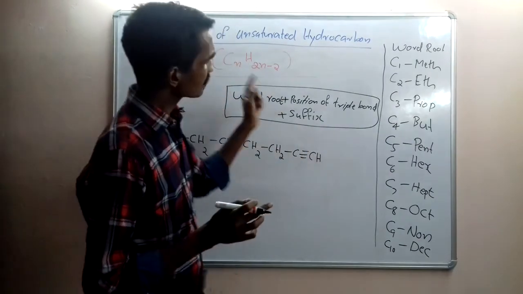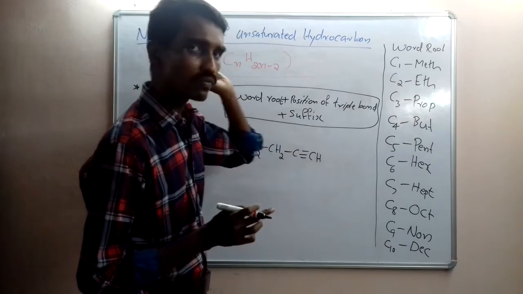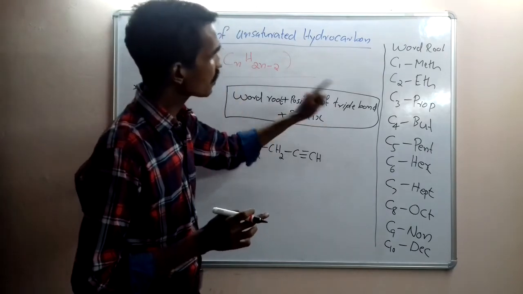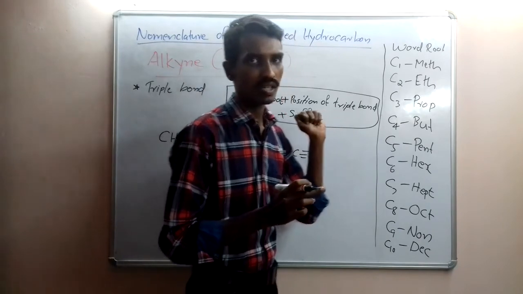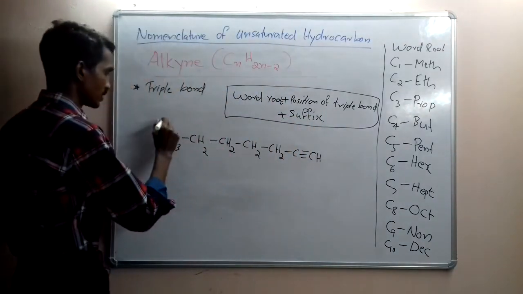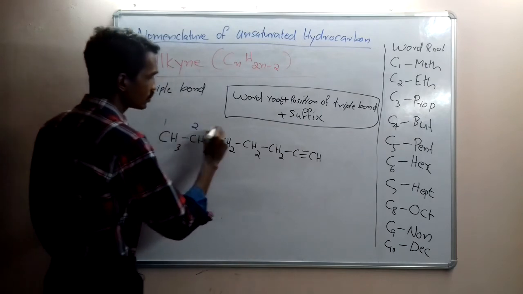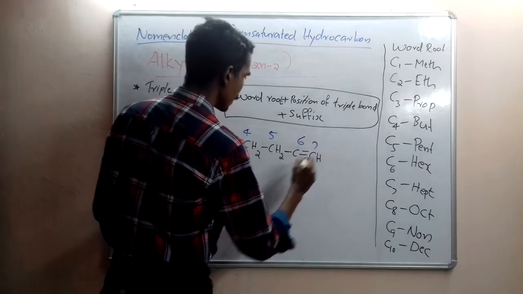Just change the position: in alkene it is the position of double bond, here the position of triple bond. Count from left to right: 1, 2, 3, 4, 5, 6, 7.